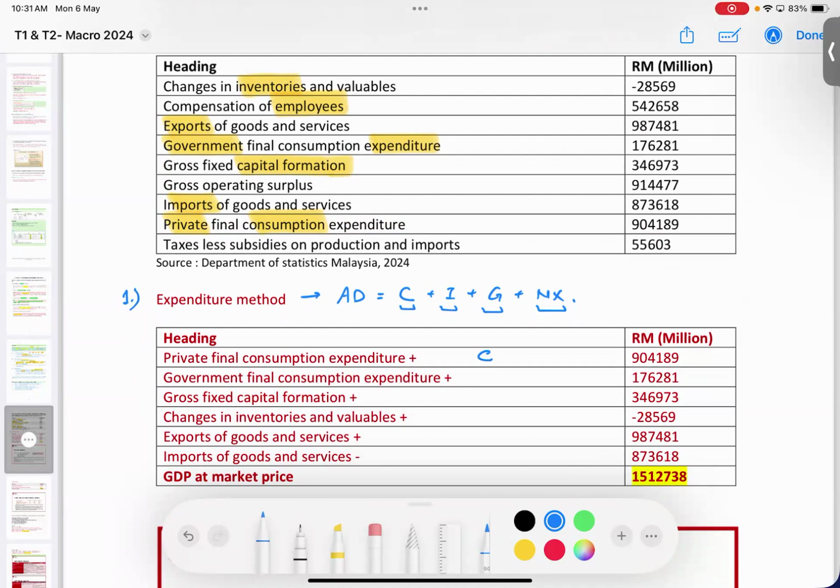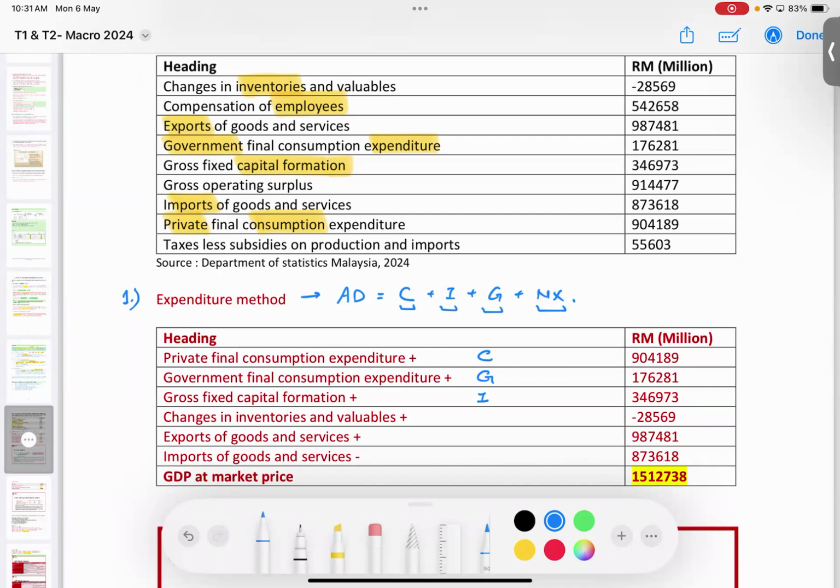Government final consumption expenditure is government spending, so I put it over here. Gross fixed capital formation means machineries, equipment, and technology, so that's under investment.